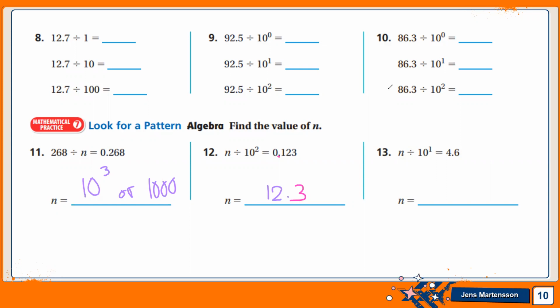After Dina now, Isra is not here. Hala. N divided by 10 to the power of 1 is 4.6. There's a number. After you move it 1 digit, it comes as 4.6. So what was the original number?